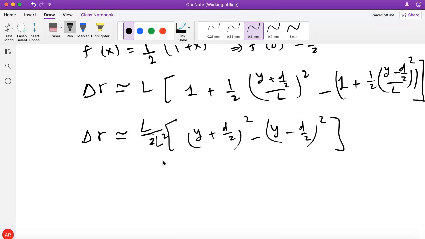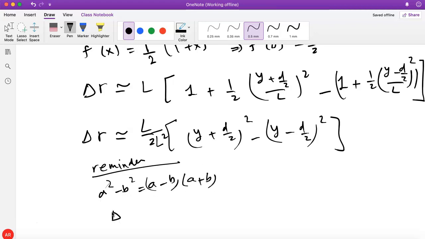Okay, so then we can either expand these and see what terms cancel out, or simplify it a different way. This is like something squared minus another thing squared, so reminder this identity here. A squared minus b squared is a minus b times a plus b. So that gives delta r is approximately 1 over 2L.